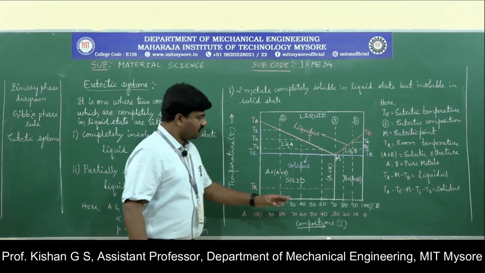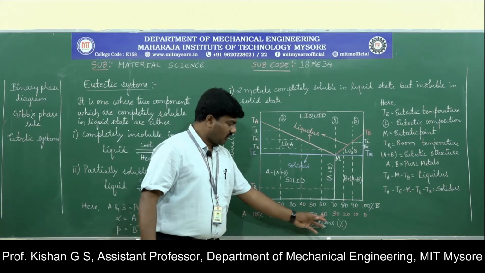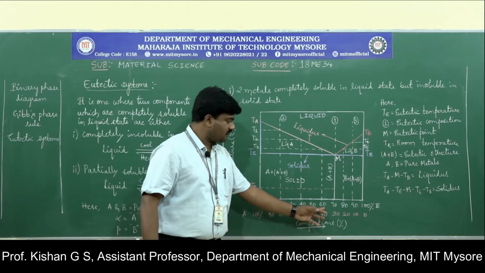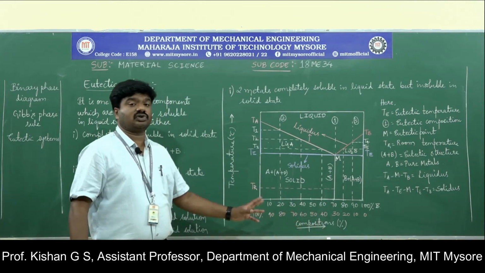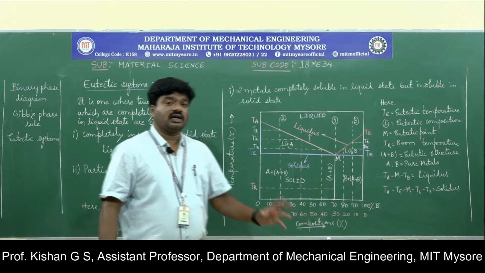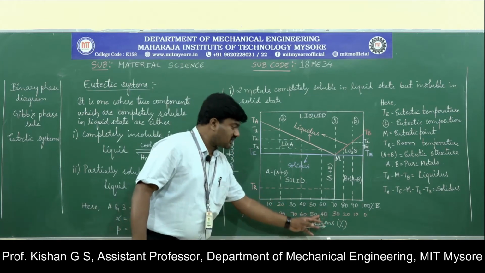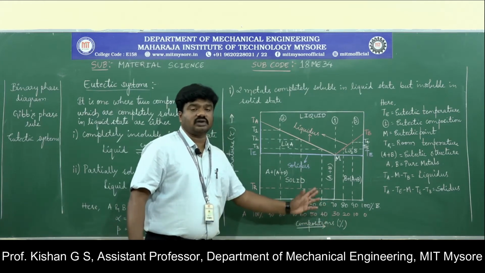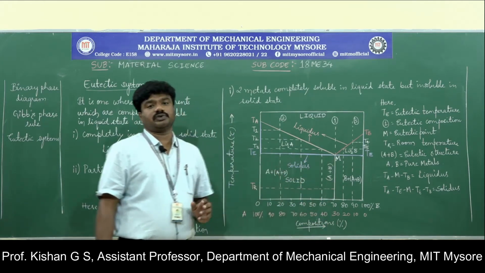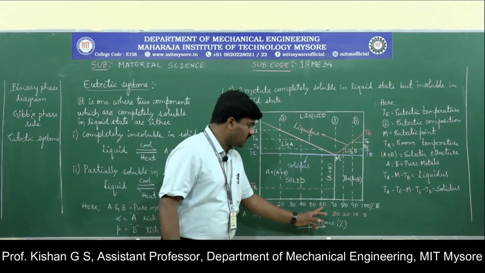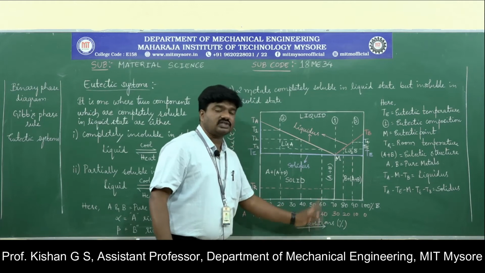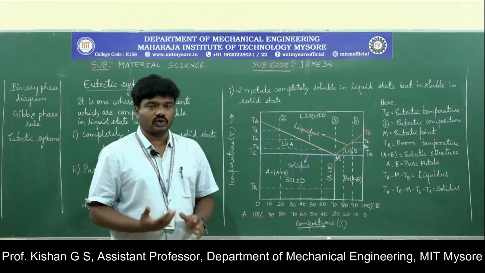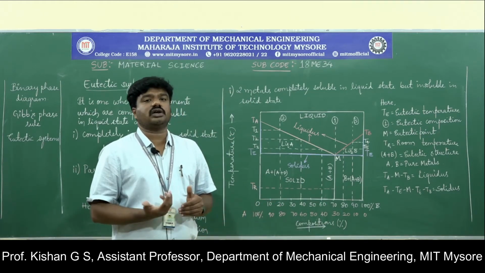Similarly, for one more composition, that is 40% of A and 60% of B, it is not a rich mixture of A, but a lesser percentage than the eutectic composition. That is, 60% of B and 40% of A is not the eutectic composition; it is before the eutectic composition.